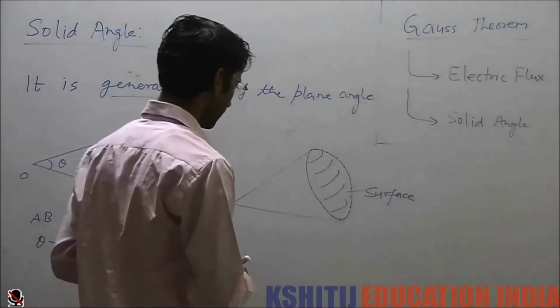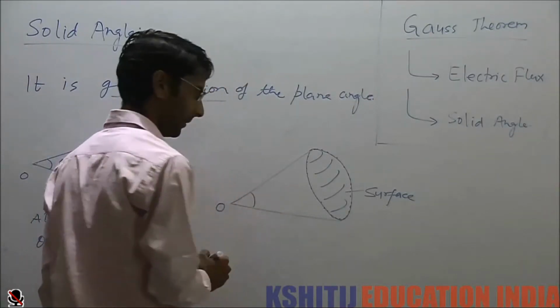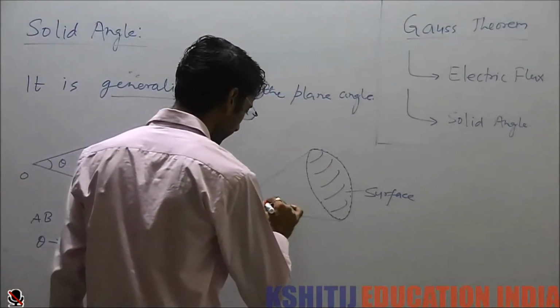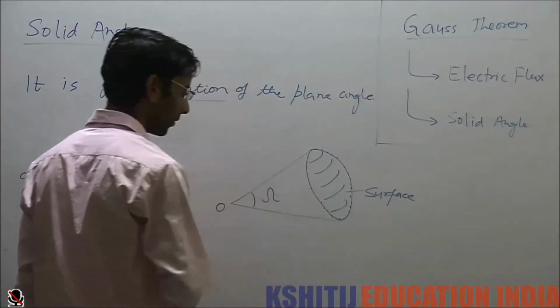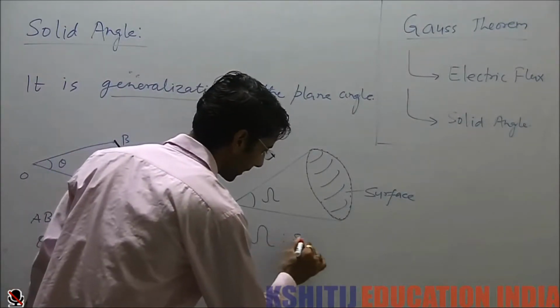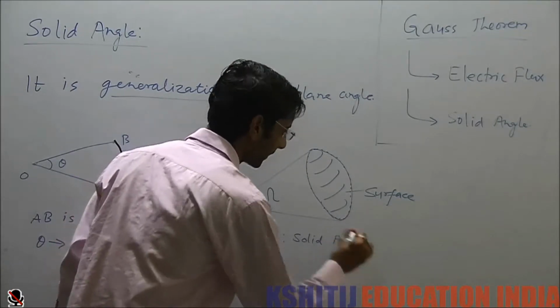3-dimensional. At that time, that angle will be called a solid angle, and we represent it by the letter omega. So this omega is the solid angle. Now I am repeating this point.